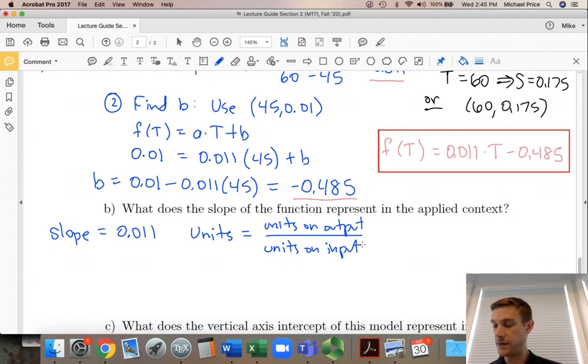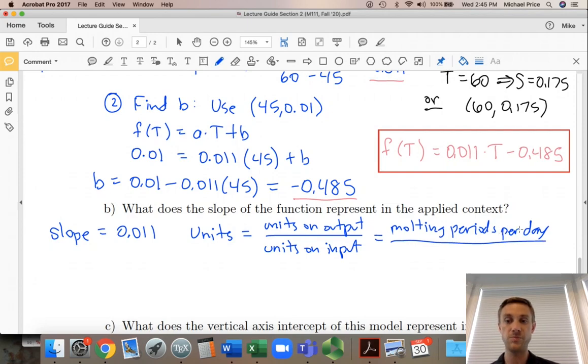So in this case, it's a little bit weird, but that's why we have this nice setup that will always be the case. Our output was this growth speed thing, so this is molting periods per day. And so there's our entire numerator, which is already itself kind of a rate, right? Molting periods per. Whenever you see the word per, you're thinking of a rate of some kind.